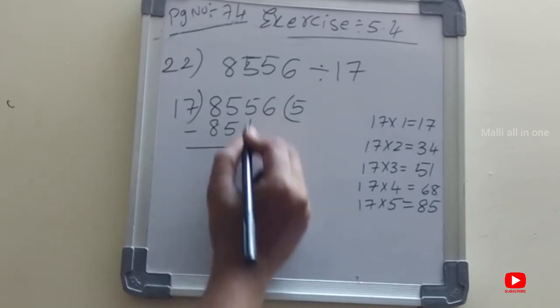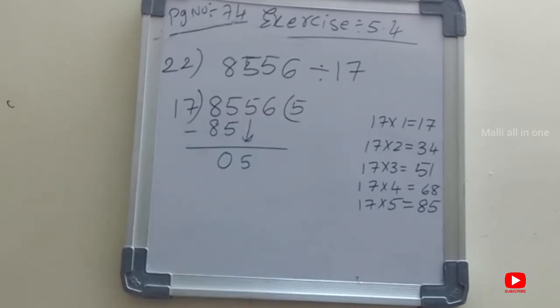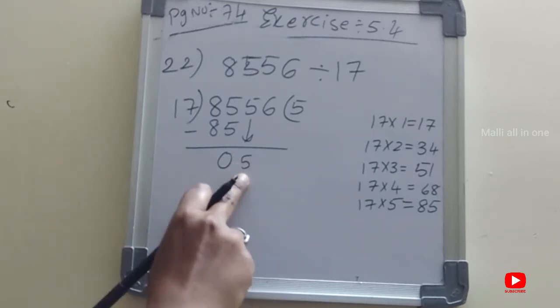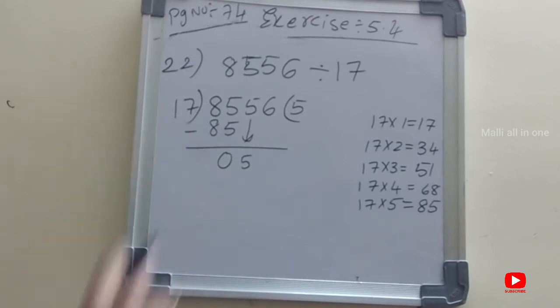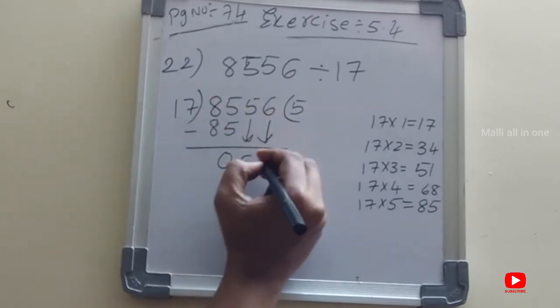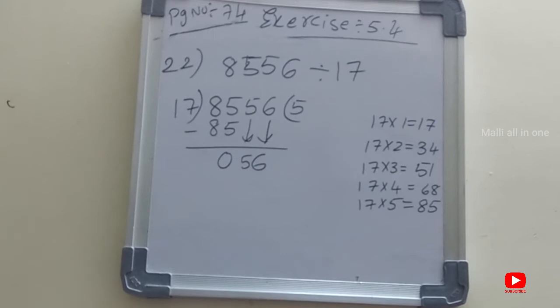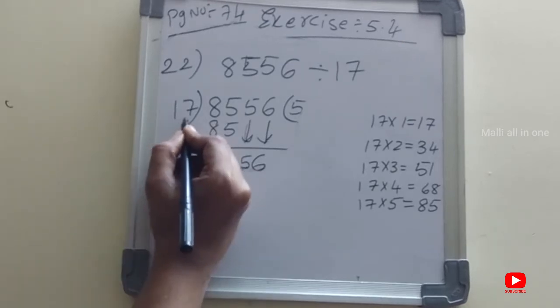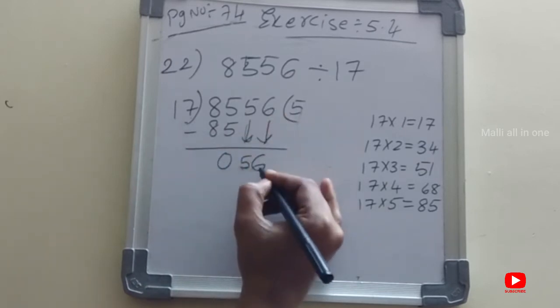First you have to take one digit only, and here observe children. I said take 1 digit only, but here it is 2-digit multiplication. So we have to take 2 digits at a time in this situation. 17 is 2 digits, so we should take one more digit also. Why?